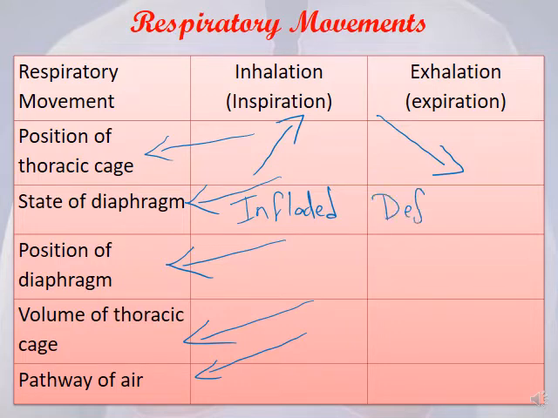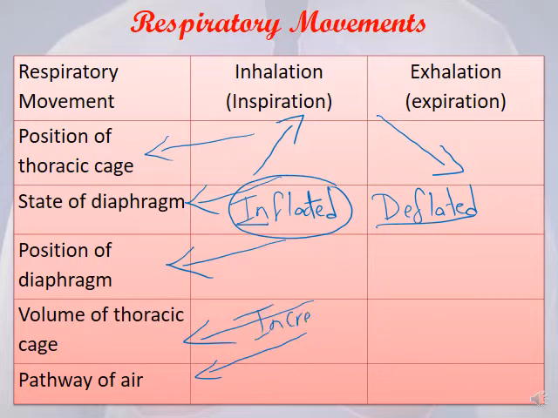How can we know inflated or deflated? During inhalation, the diaphragm is inflated. Deflated during the exhalation. The volume of the thoracic cage will increase. Why? Because we get more air.